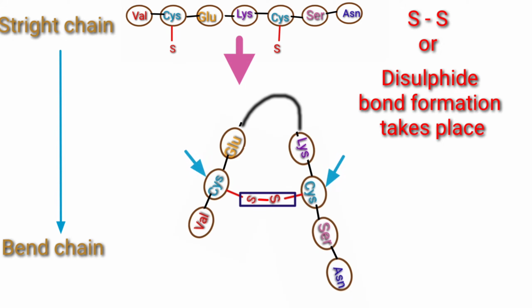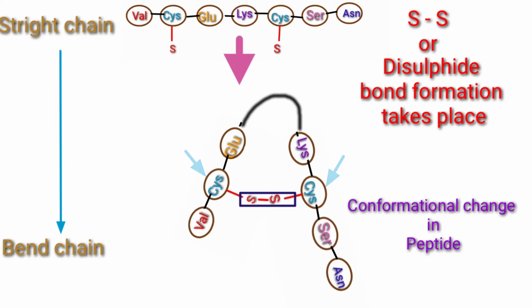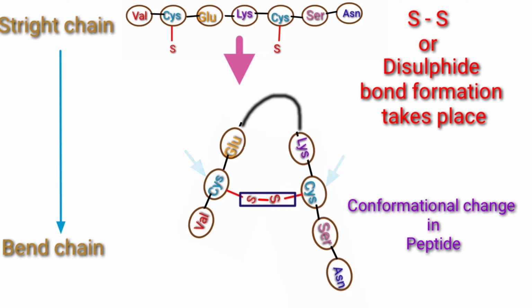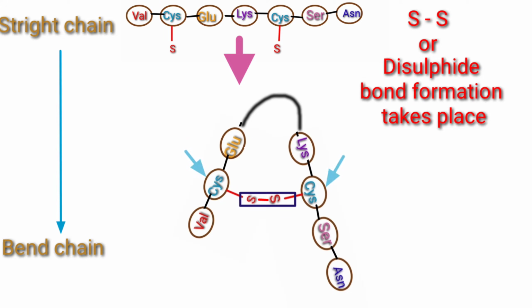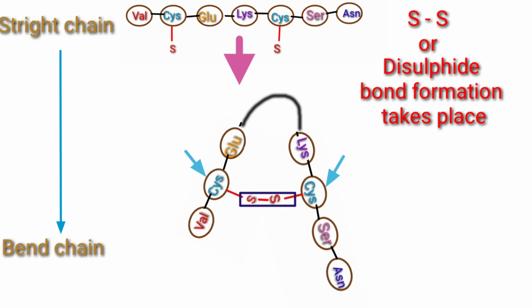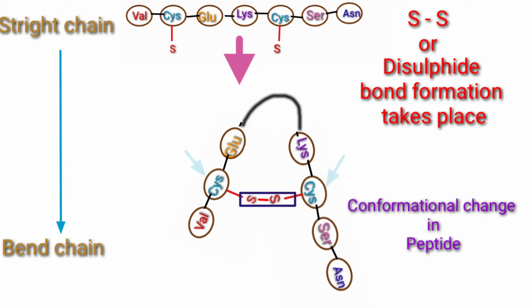So it creates a conformational change in the polypeptide. It will no longer remain linear, it bends itself. So this is a very important concept, how protein gets shape. The shape is a result of different interactions between different amino acids in a protein.